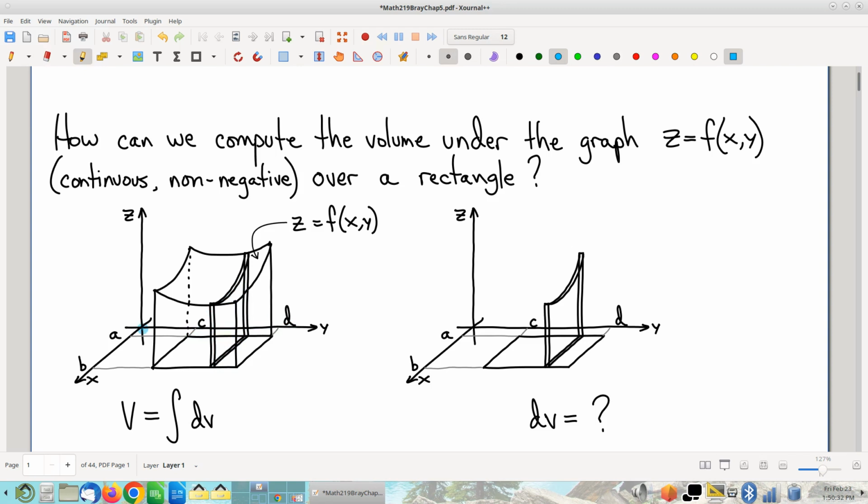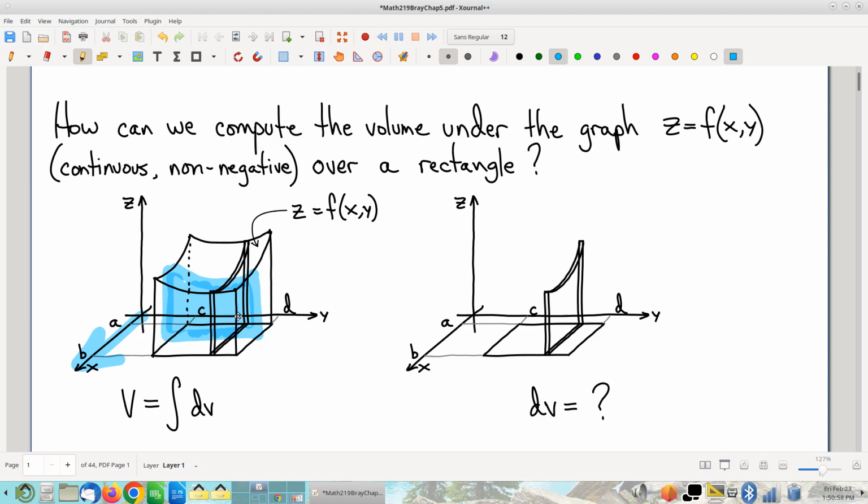You could slice in the other direction, thus giving you cross sections that look like this. Little pieces of volume, little slices of bread that look like that. And then you can compute the volume of one of these by computing its cross-sectional area. As you then go in the y direction, it's like the x is doing what the y was doing, and the y is doing what the x was doing. You can draw the corresponding pictures.